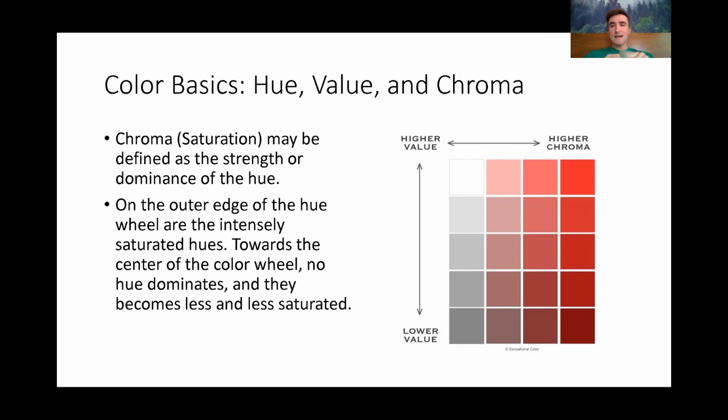As you go down in value, the saturation, or the strength of that red color, is diminished a bit. So when you consider both value and chroma together, you get a very nice palette that you can use to place you somewhere on a very precise location.